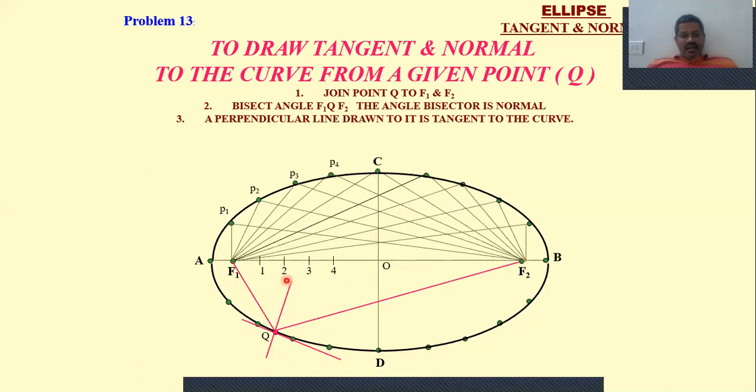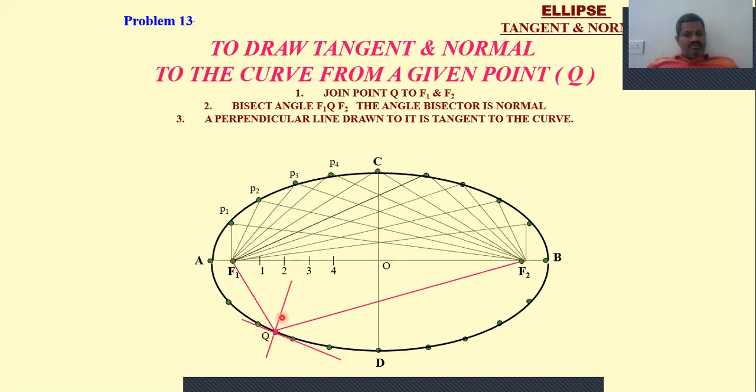Then draw a line which is perpendicular from this angle bisector, and this will become the tangent to this ellipse. So we have an angle bisector here, and to this angle bisector, draw a perpendicular line, and that line must pass from this Q in such a way that this line is perpendicular to this angle bisector, that must pass from Q.